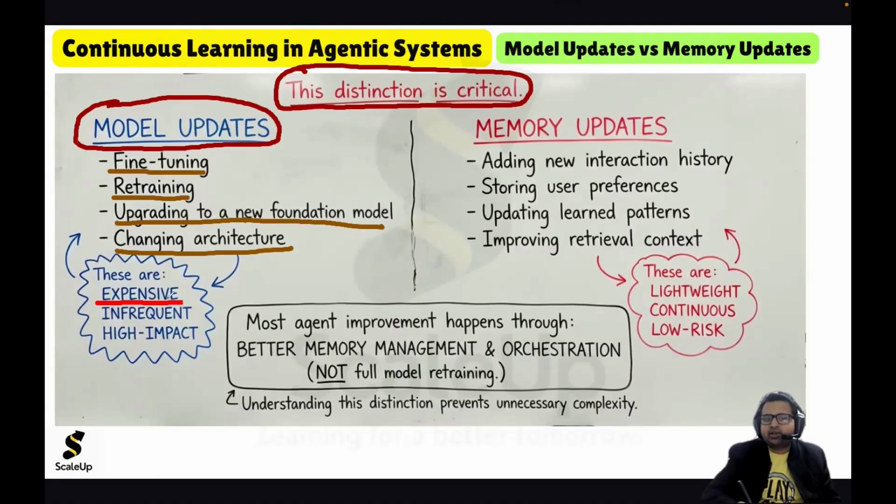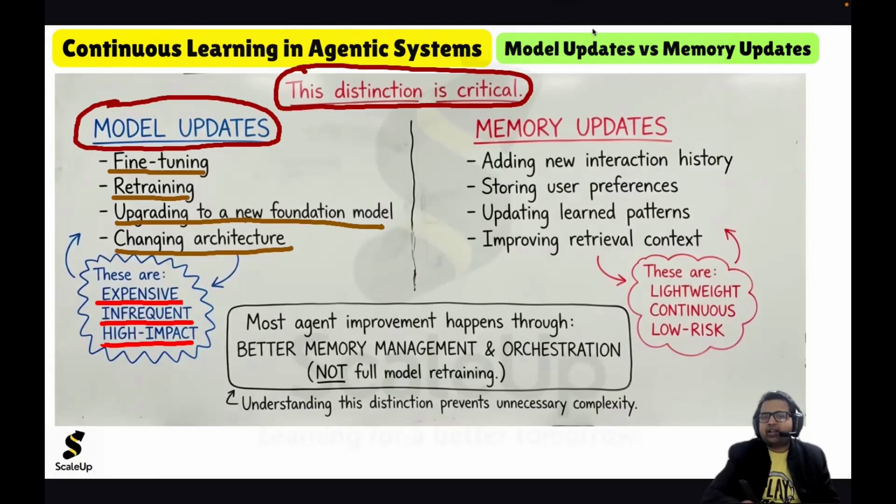It's expensive, very time consuming and very complex, so infrequent. We rarely think about fine tuning or retraining the model, but the impact will be very high. Like, if you are updating a model, the impact of it will be very high.